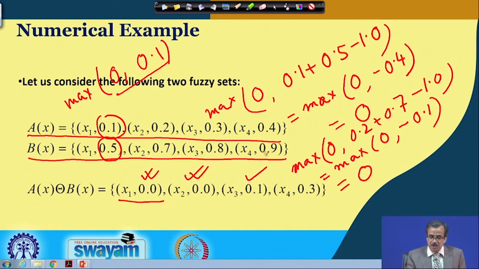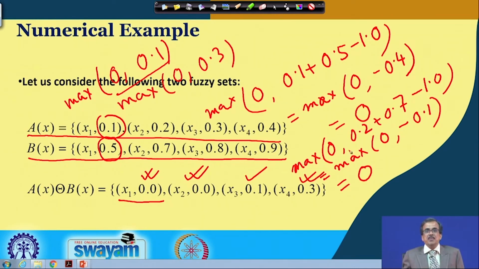And corresponding to x4, this will be the maximum between 0 and 0.4 plus 0.9 is 1.3 minus 1.0. So, this is nothing but 0.3 and the maximum between 0 and 0.3 is nothing but 0.3. So, we can find out this particular A(x) bounded difference B(x).